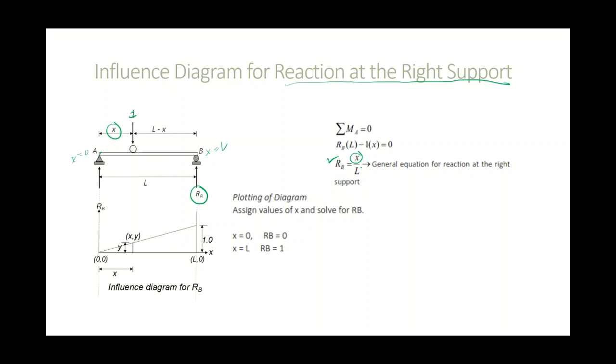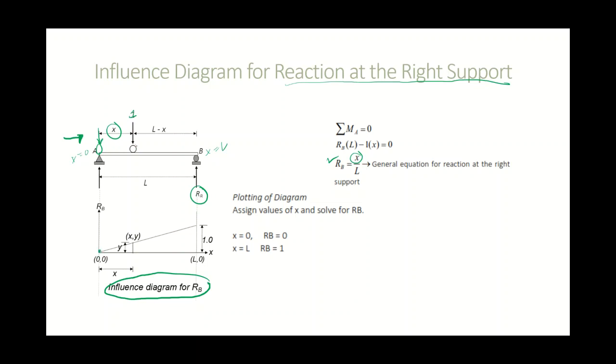Now, the interpretation of this is, again, this is the influence diagram for the reaction at B alone. Since we have a moving load on the beam, when the moving load is here, your reaction at B is 0.